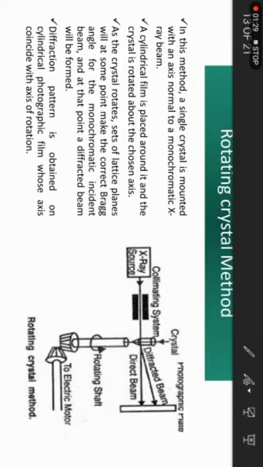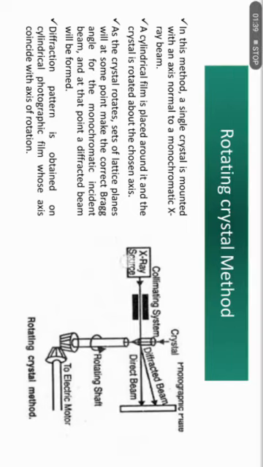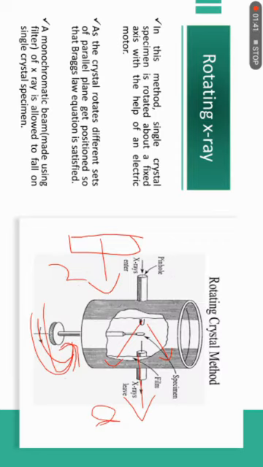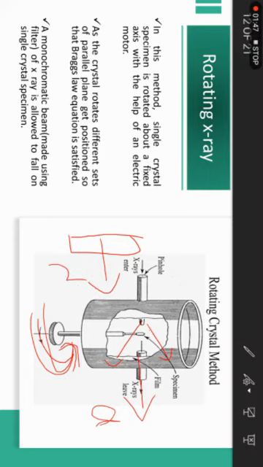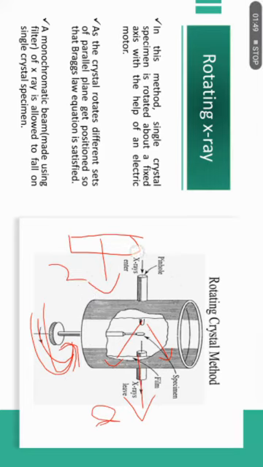In this method, a single crystal is mounted with an axis normal to the monochromatic X-ray beam. As you can see, this is the X-ray, and this is the plane of the filter which is perpendicular to the X-rays.